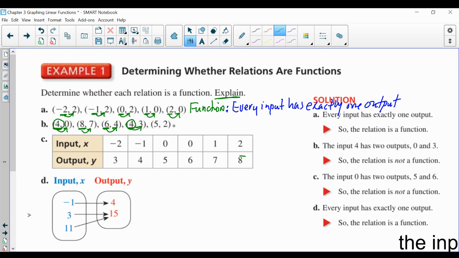Therefore, this one is not a function. And this is how I would explain it: the input 4, so I'm telling you which one it is, has 2 outputs, 0 and 3. This is why it's not a function.